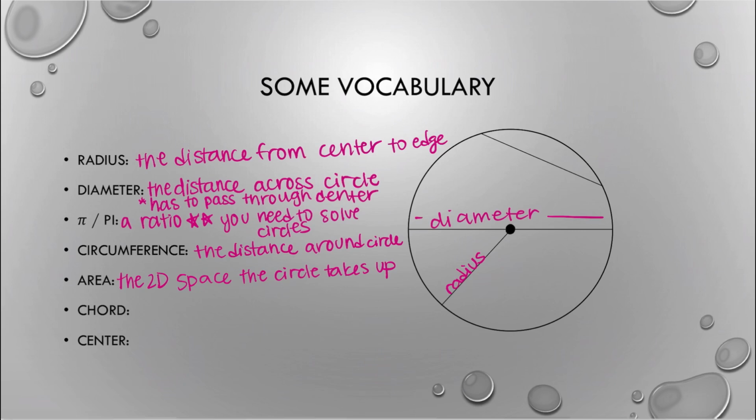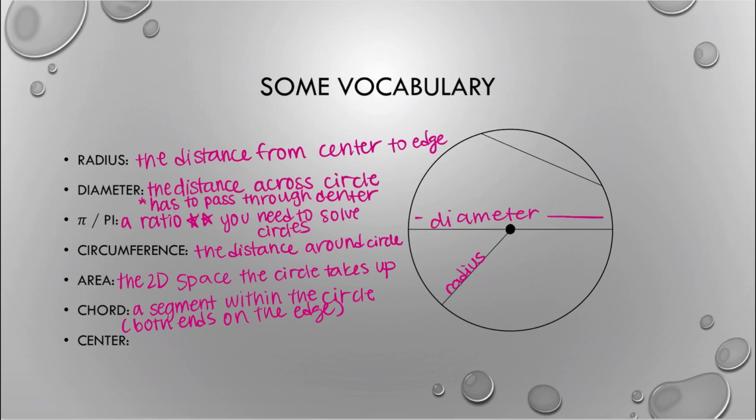A chord is a segment within the circle, but it has to be touching the edge with both ends. So I can't just say a segment inside the circle is a chord.